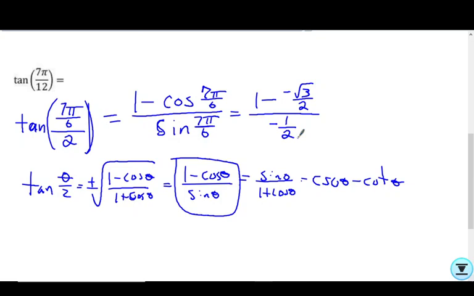Which means dividing by negative 1/2 is the same thing as multiplying by negative 2. So negative 2 times 1 is negative 2. And since this becomes positive, we get negative square root of 3. And that is my answer.